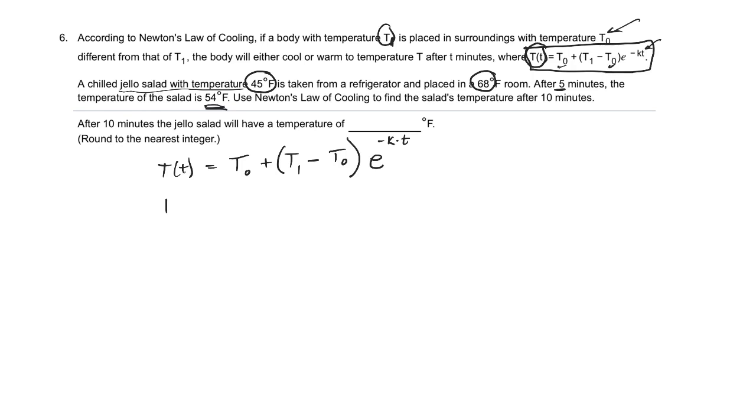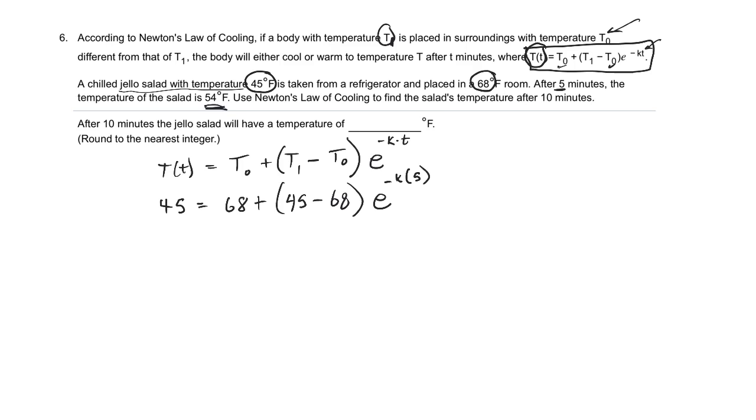So they're saying it ends at 54 equals the surrounding temperature is 68 plus it starts at, when it comes out of the fridge, at 45 minus 68 times e to the negative k, I don't know. But this all happens in 5 minutes.